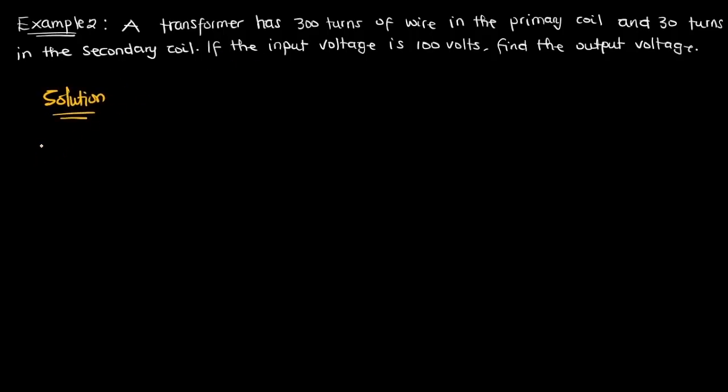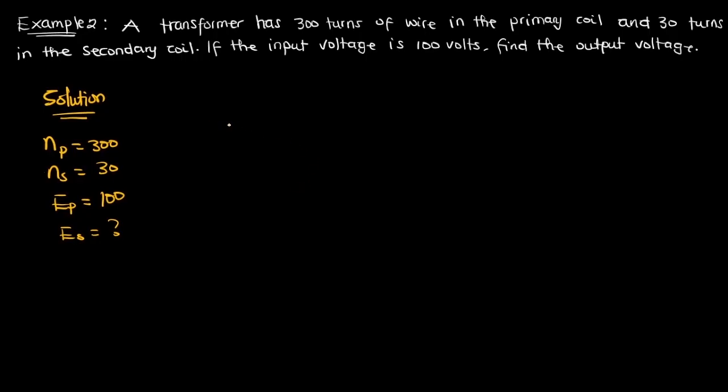So they say the number of turns in the primary coil is 300, and then it has 30 turns in the secondary, so NS is 30. The input voltage EP is 100 volts, and then we have to find the output or the secondary voltage. That is what we do not know.